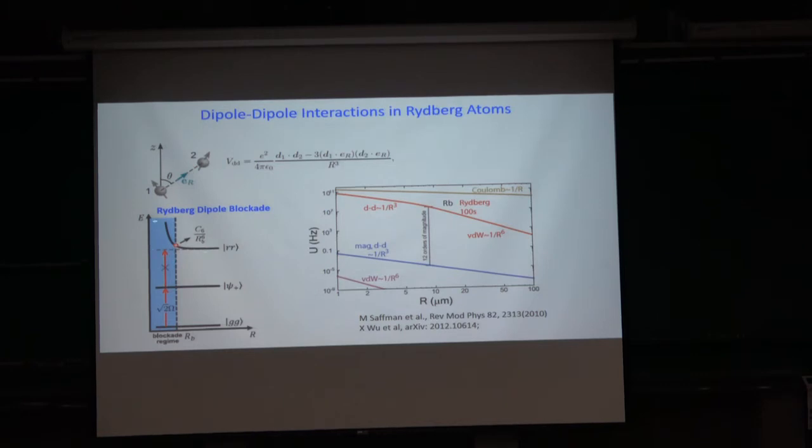This is called Rydberg dipole blockade. You can only excite one instead of two atoms into the excited state. However, it's within a certain size called the Rydberg blockade radius.